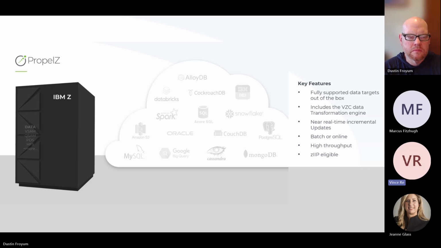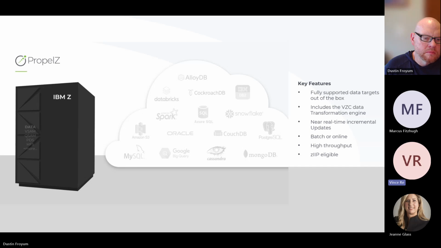PropelZ can take pretty much any type of mainframe data and transform it in such a way that it can be stored in just about any popular database repository. There are about 100 different database targets that we can work with out of the box.